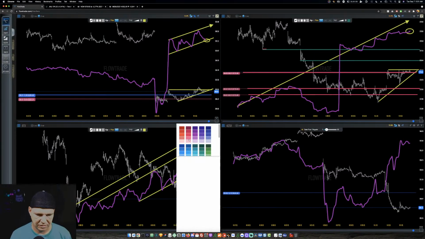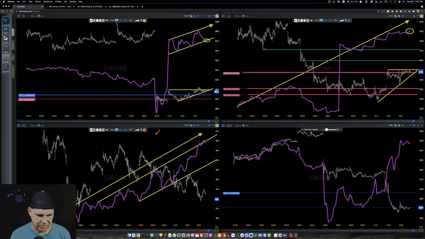Looking at RTX, I'm trying to figure out what color I want to use here. I'll use orange, I guess. So RTX looks to be in kind of a falling wedge.